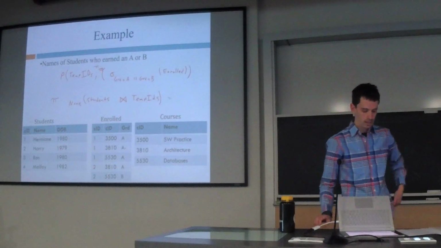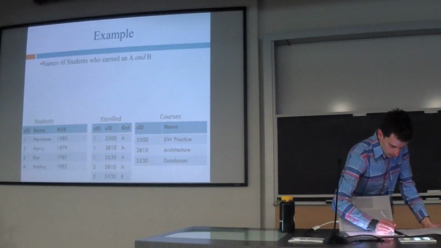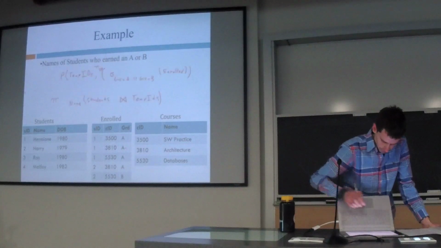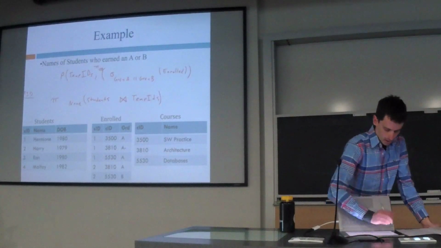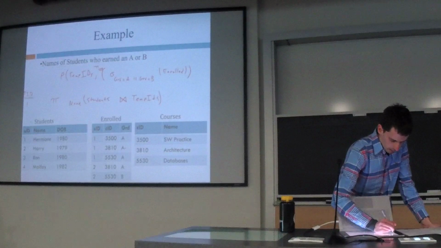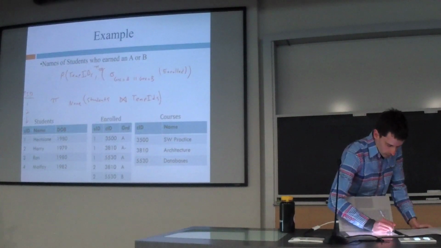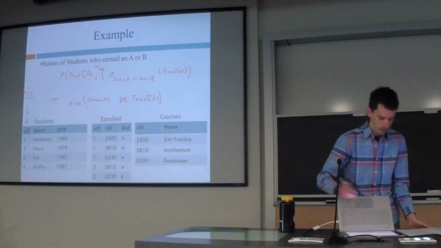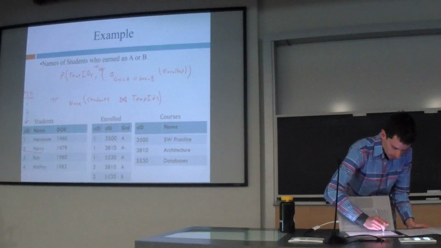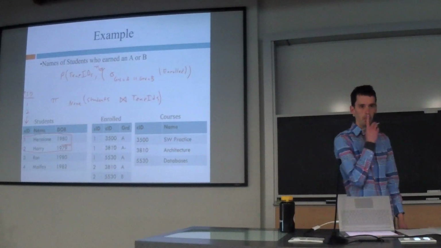So students natural join temp IDs. So here's temp IDs, I'll just call it TID. It contains just one column with some IDs in it, which means I can natural join it with students and it will automatically compare those two columns and give me just these rows. Then I just project out the name.